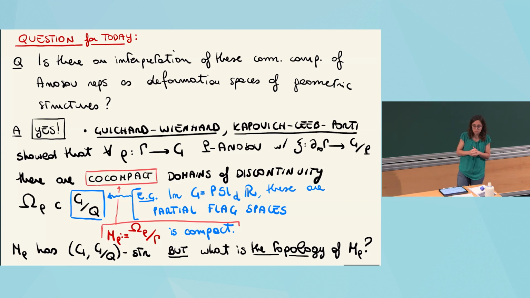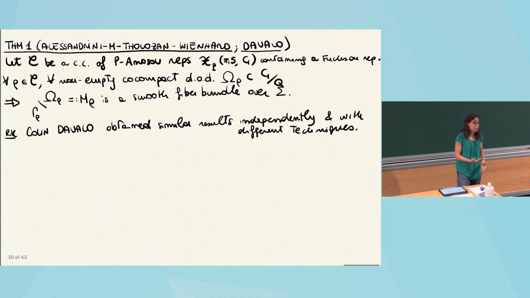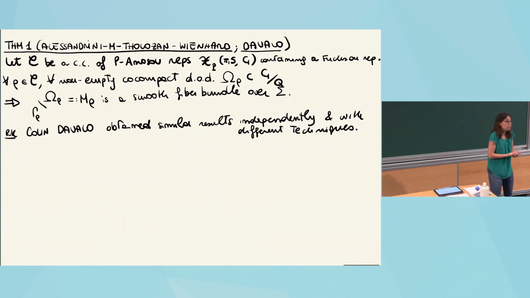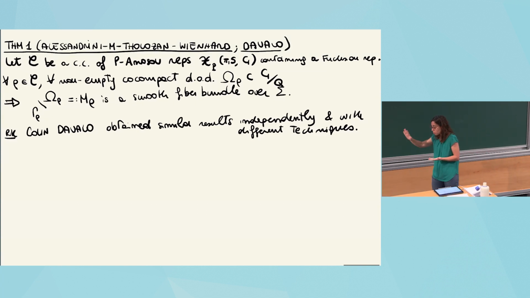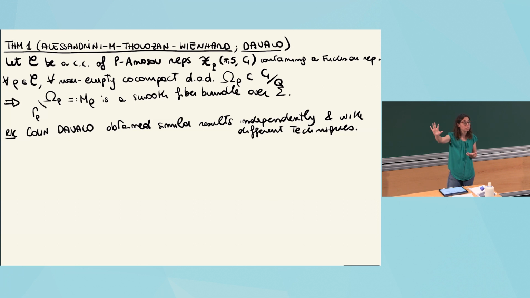Our theorem is a little more general, but the first theorem that I'll discuss is the fact that if you have a connected component of Anosov representations where you have a Fuchsian representation inside, you can think of this Fuchsian representation as a choice of embedding of SL2R in your group.